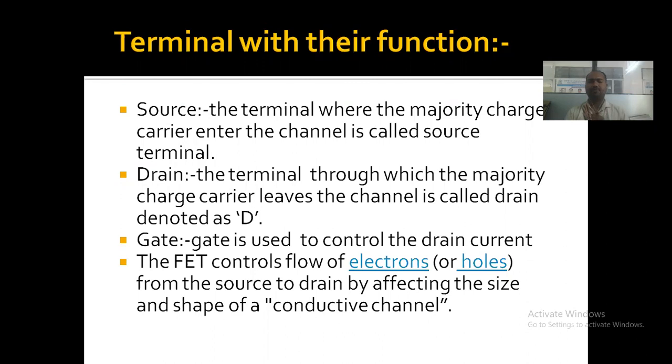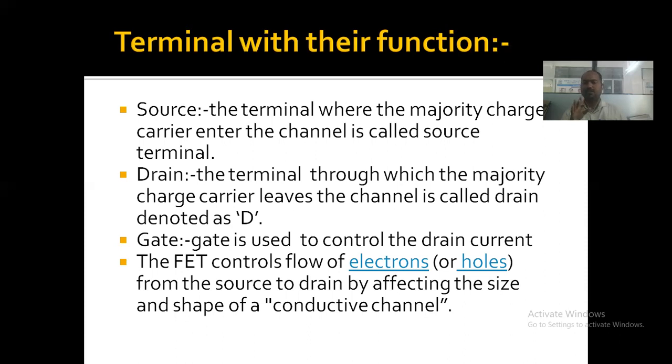We have seen the first terminal, that is source. We already know that in case of JFET, this is a majority charge carrier device, right? So majority charge carrier indicates that if we consider the example of N channel, the N channel has a majority of electrons, right? So in case of source, it is the terminal where the majority charge carriers enter the channel, right?